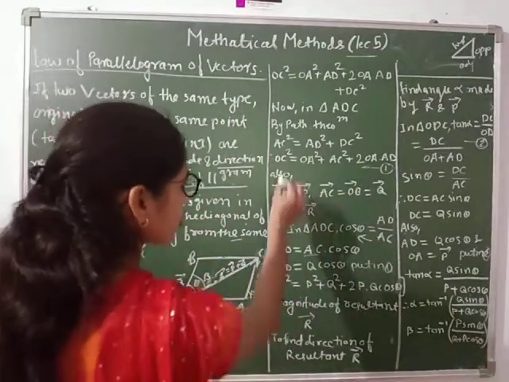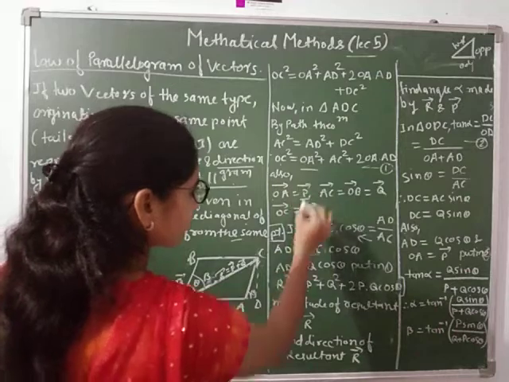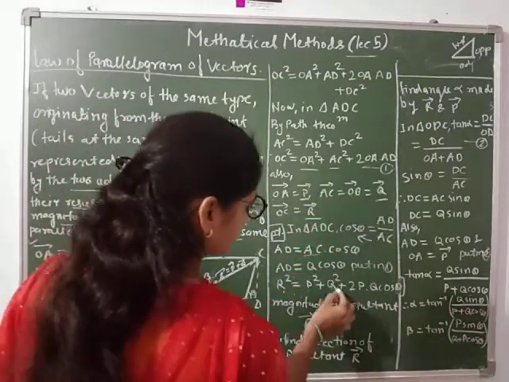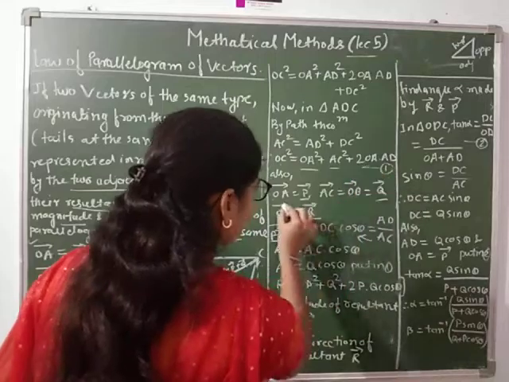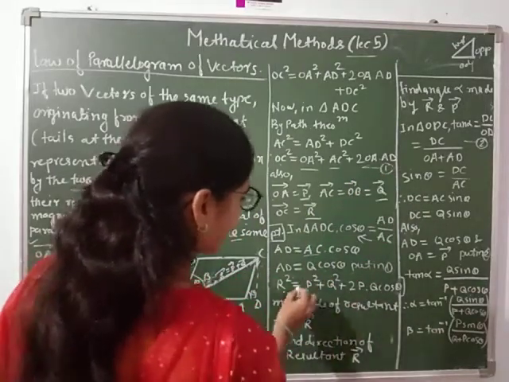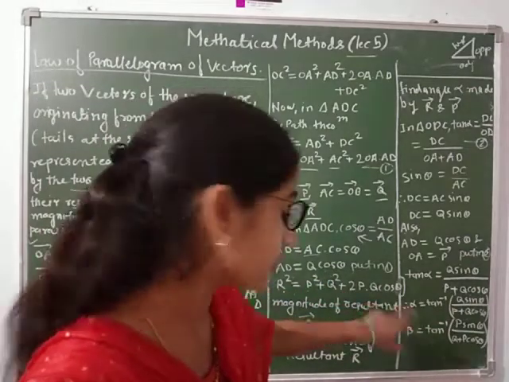Then OC square, our R square, is equal to OA square, our P, that is P square, plus AC, our Q, that is Q square, plus 2 OA, again P, and AD, our Q cos theta. So R square is equal to P square plus Q square plus 2 PQ into cos theta.